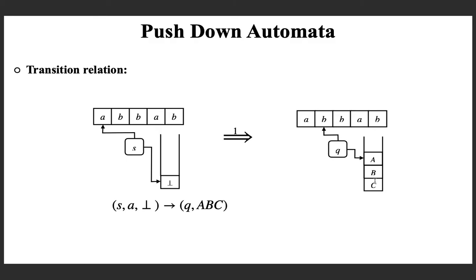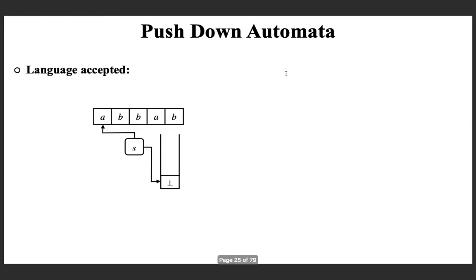And more formally, you can say that transition relation in a push down automaton is a finite subset of this Cartesian product. So, that is just a formal representation. Hope you remember it, otherwise please refer to it. Now, we can look at the language accepted by push down automata.